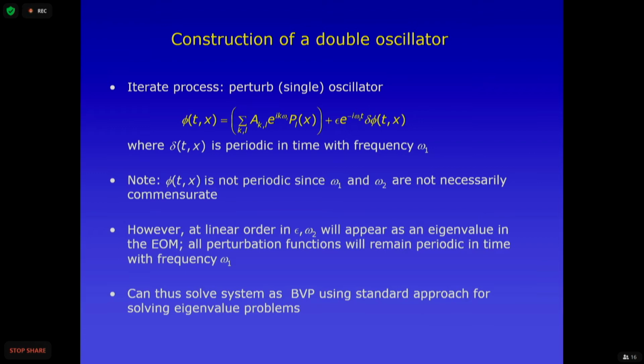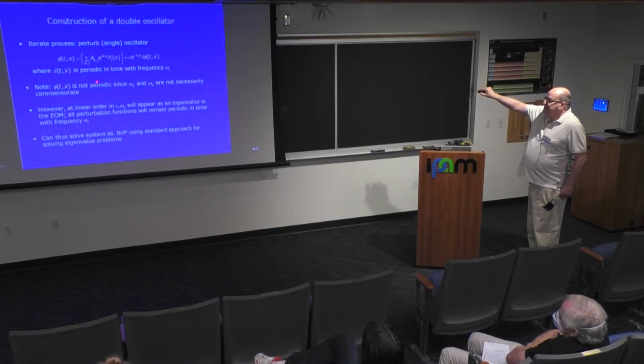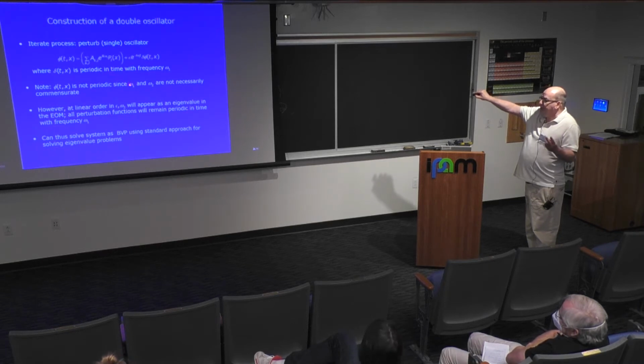So this delta is periodic in time with frequency omega 1, but the pre-multiplication here is with a second frequency, e to the minus i omega 2 t. Okay? So phi of t and x is not periodic anymore because we have two frequencies in the problem now. We have omega 1 and we have omega 2, and they're not necessarily commensurate.